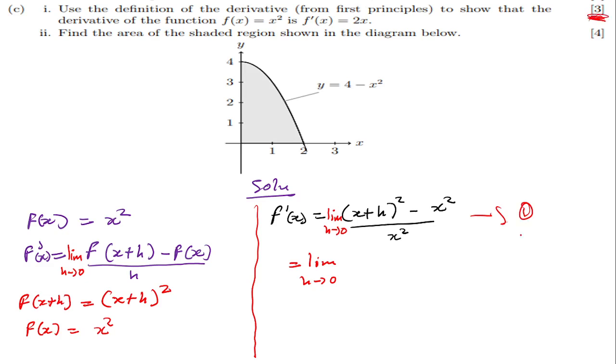So there is a method mark. In mathematics, there is what we call a method mark. So just this particular point, there is a mark there. Then you're going to expand that guy here.